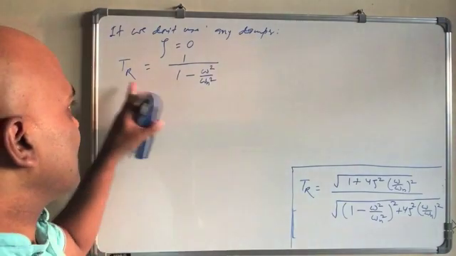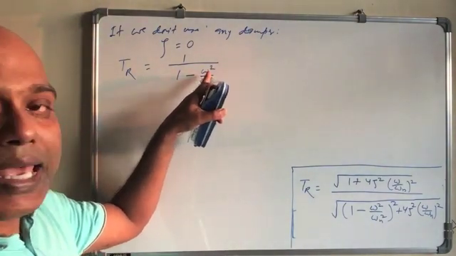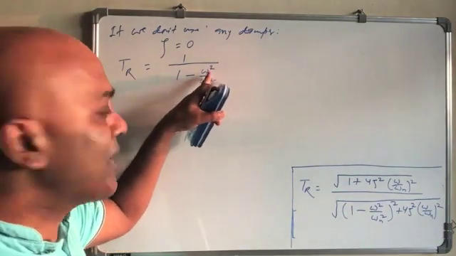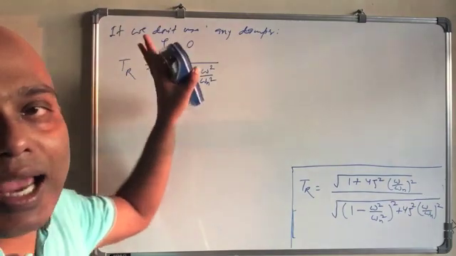And you can see here that when omega equals omega n, then transmissibility will be very high.